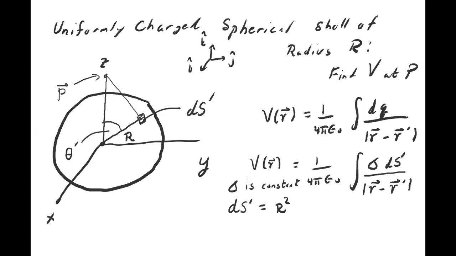Since I'm looking at a shell and not a sphere, it's just r squared sine theta prime d theta prime d phi. So I know how to tackle the numerator in this integral. The remaining task is, what's the denominator? So I need to find out what r minus r prime is, and then figure out what its magnitude is.